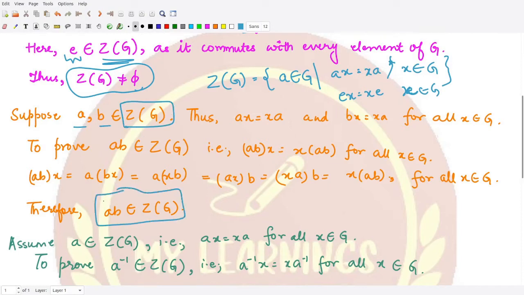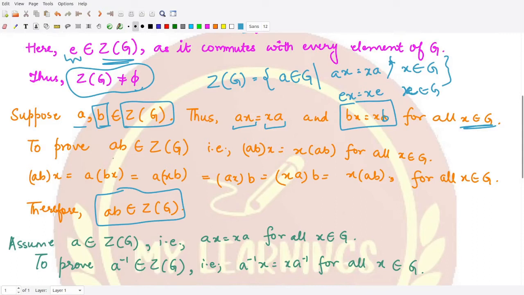So if A is in the center of G, according to the definition we have AX equals XA for all elements X belonging to G. And moreover, B is in the center of G, so BX equals XB for all elements X belonging to G. So we have these two results with us.